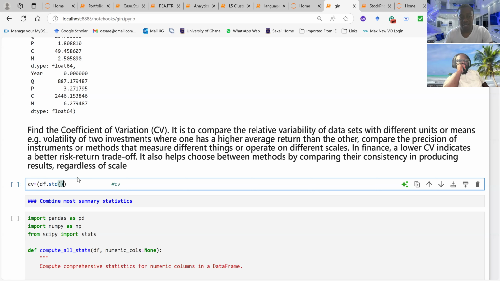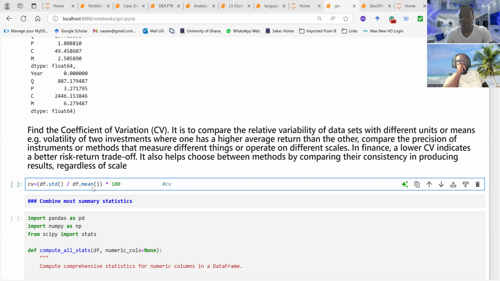Then let's space it and divide by df.mean(). And then close the bracket. We want the answer in percentage, so let's multiply it by 100.